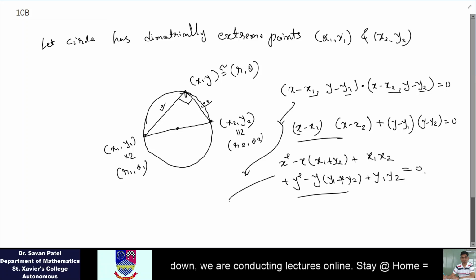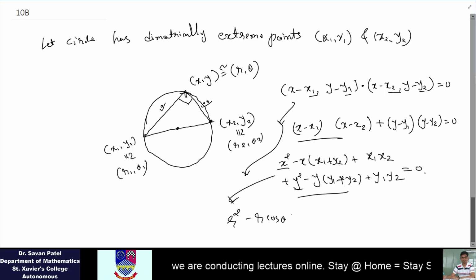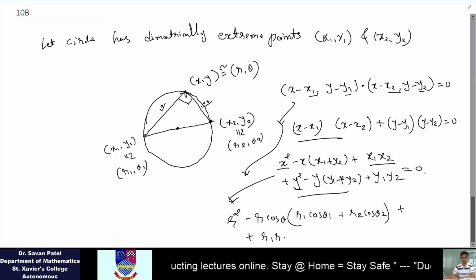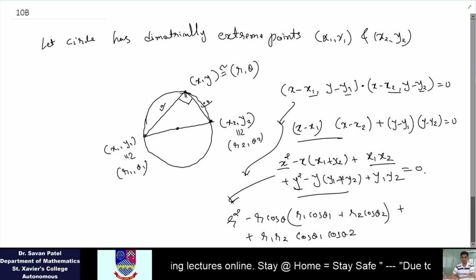If you convert this into polar form, then x square plus y square will be r square, minus r cos theta into r1 cos theta 1 plus r2 cos theta 2, plus x1 x2, that is r1 r2 cos theta 1 cos theta 2.